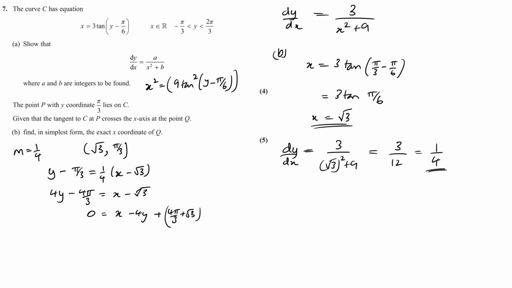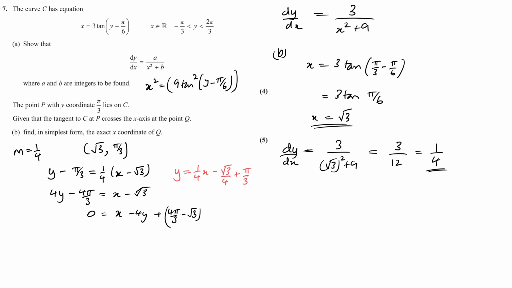Okay, you could have just left it in terms of y equals mx plus c, so that would have been, I'll pop this in red, y equals 1/4 x minus root 3 over 4 plus pi over 3, and that would be like your constant there, so I'll leave that out of the brackets, but yeah. And there we have it. Apologies, I just changed this back to the minus because I wrote plus just now.